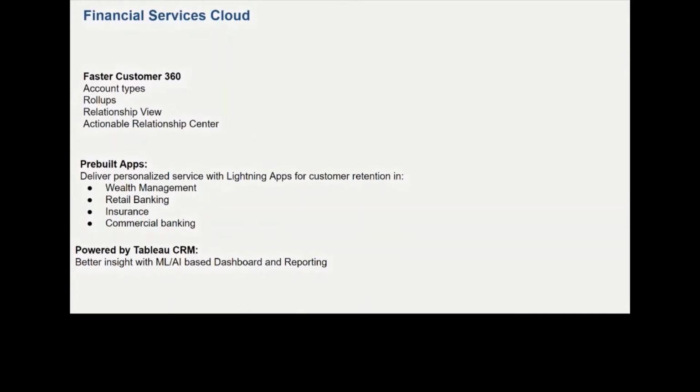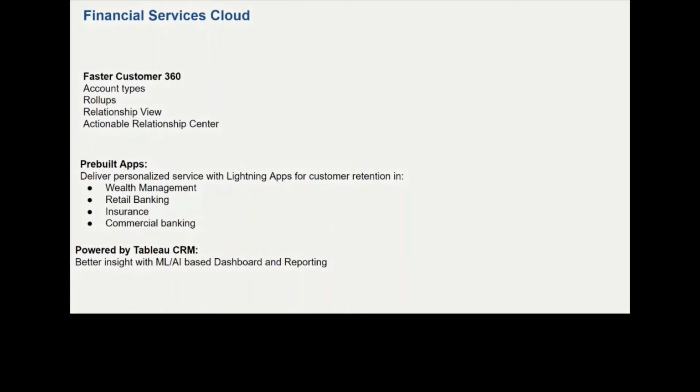They need not worry about or unpack the insurance, and all these are separated until they are unpacked and installed. But if a bank or financial organization has multiple lines of business in wealth management, retail, insurance, and commercial banking, they can utilize all of them.